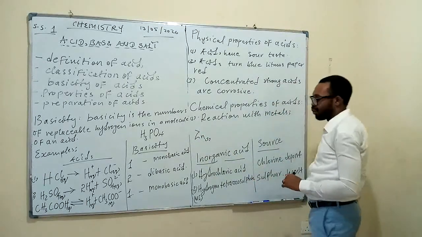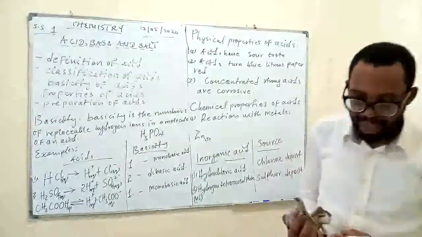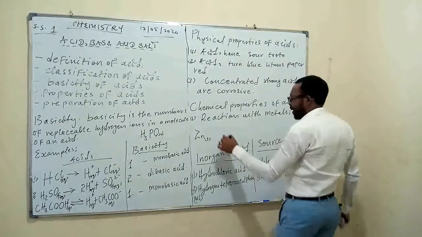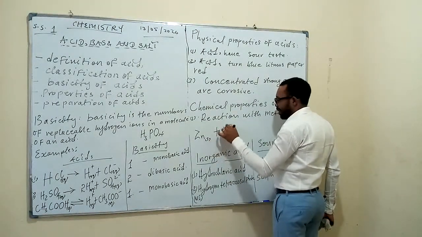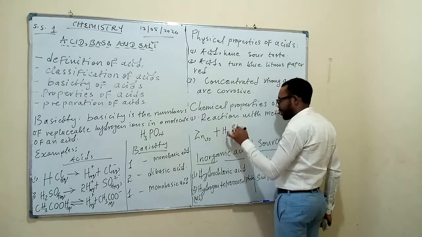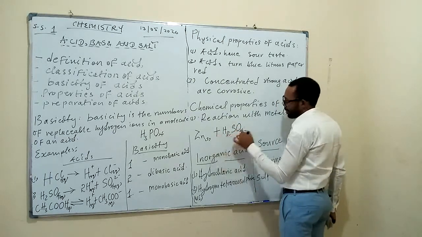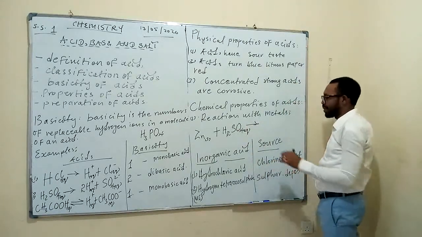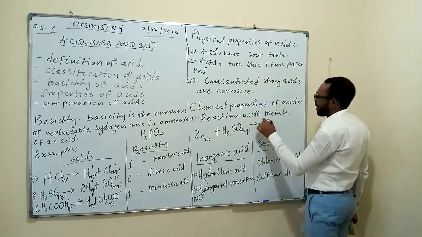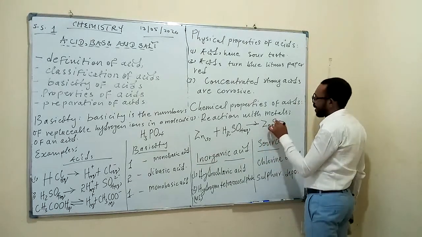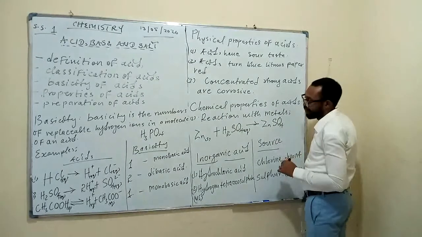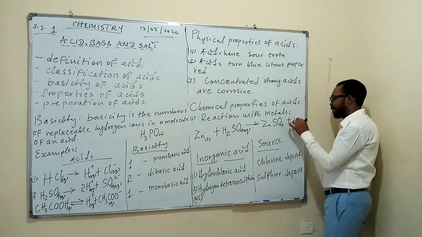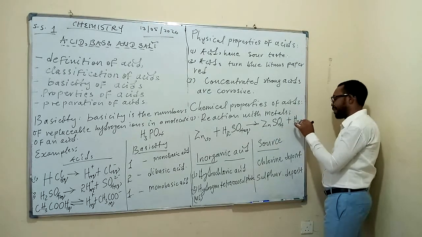If zinc reacts with an acid, let's say H2SO4, this is in aqueous state, it will produce a corresponding salt of such a metal as ZnSO4, plus the evolution of hydrogen gas. Hydrogen gas. You see it?